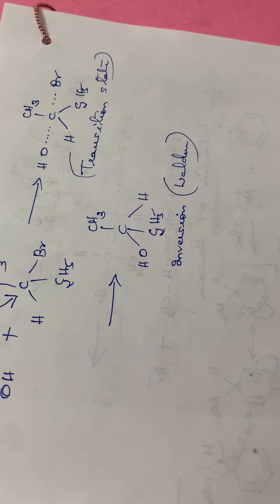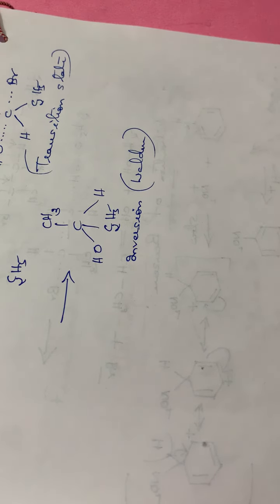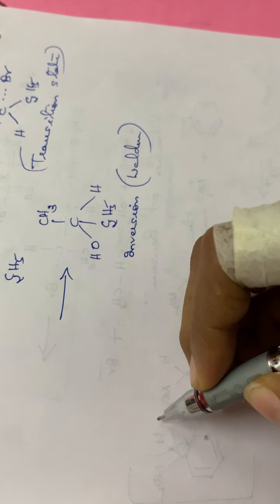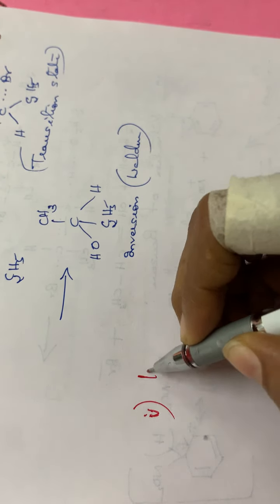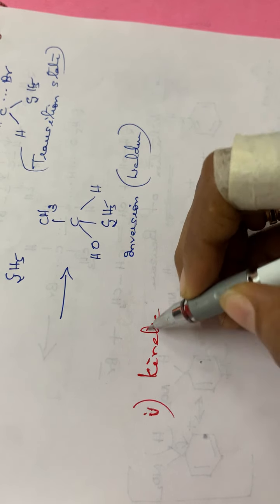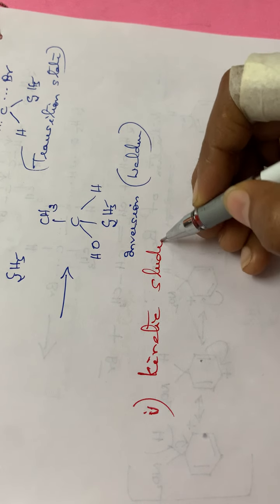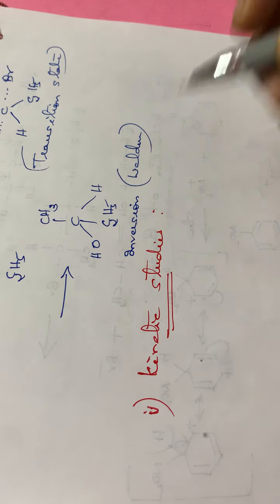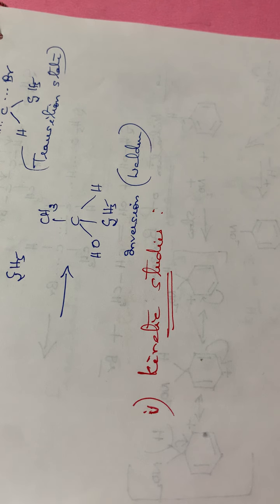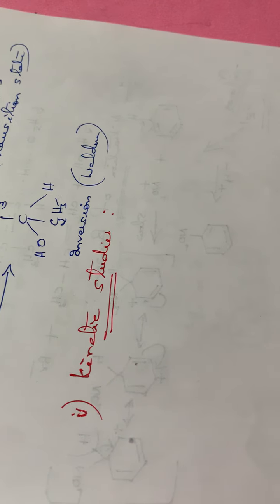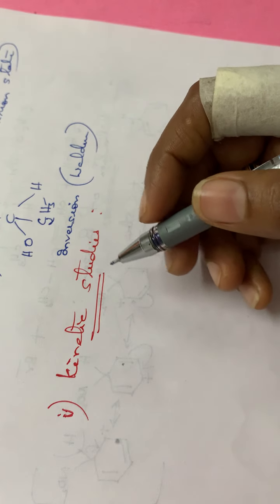So next is regarding the kinetic studies. The last one, determination of the reaction mechanism in terms of kinetic studies. So in the case of kinetic studies, normally we will be writing some steps.